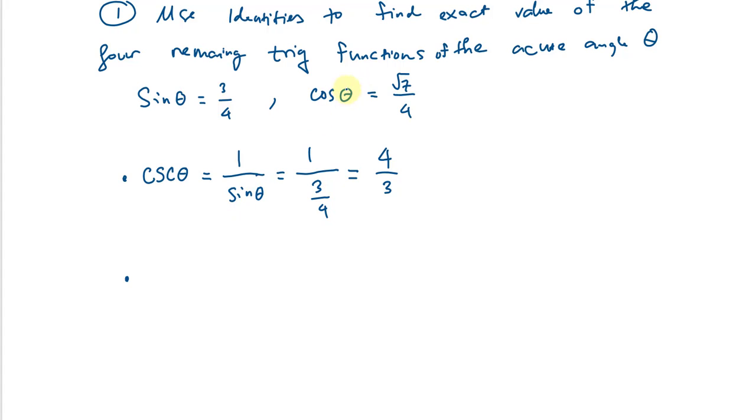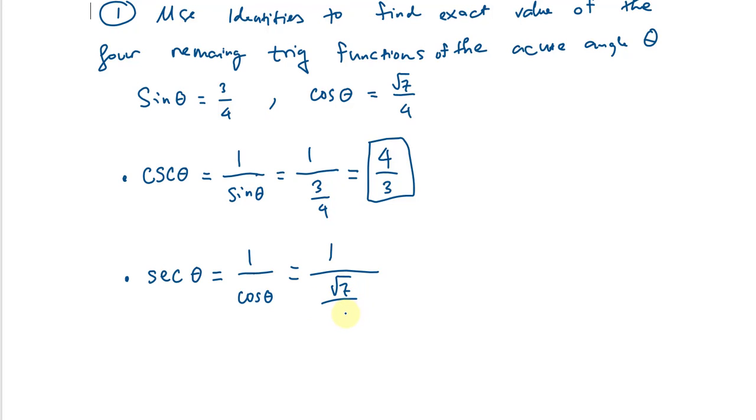And we know cosine. Then we can also find secant. Why? Because secant is equal to 1 over cosine. So we know the value of cosine, so we can divide 1 by that.